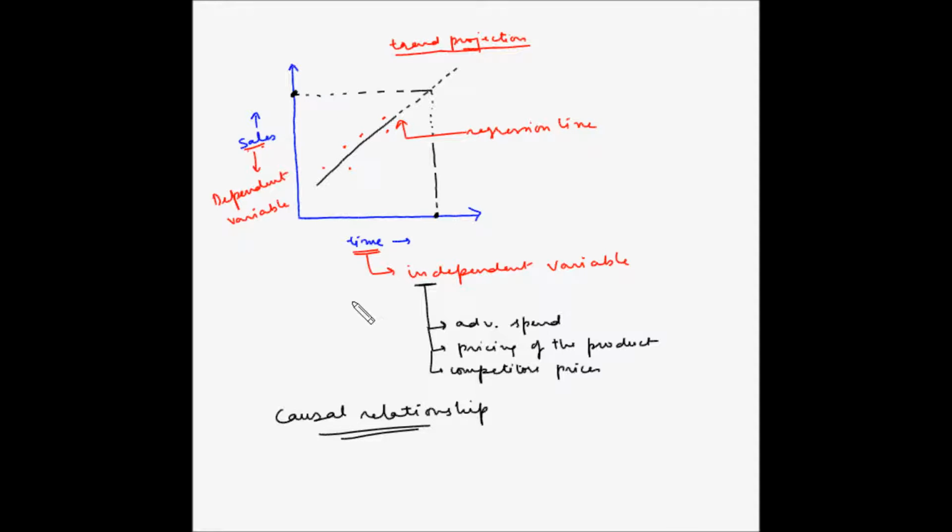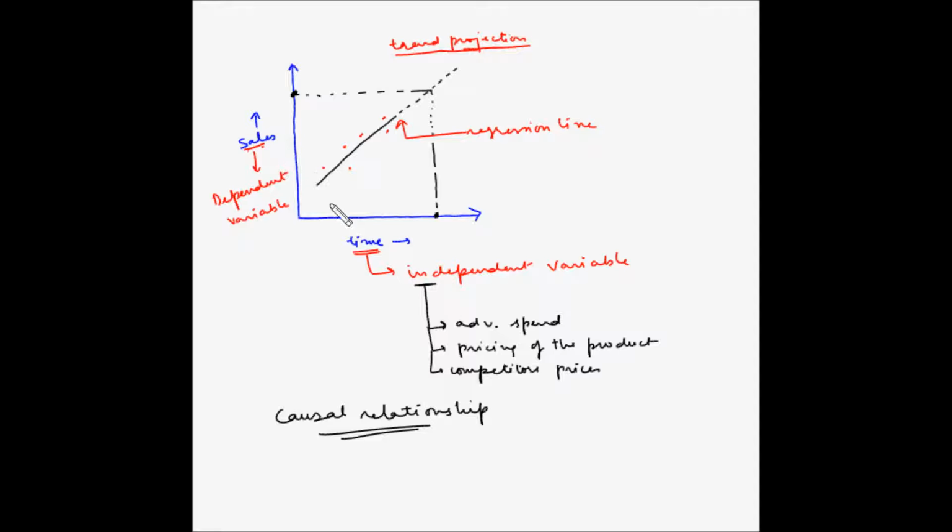So basically in case of causal relationship forecasting, on the x-axis instead of time we'll have these independent variables like advertising spend, pricing, and so on. While on the y-axis we will have the dependent variable like sales.